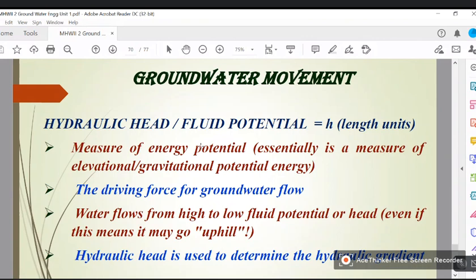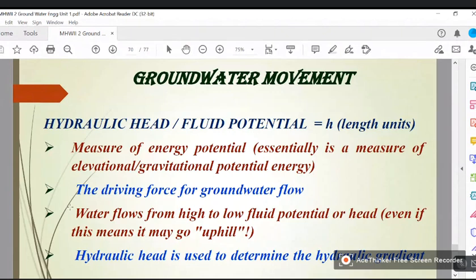A layman, when asked, will always say that water or any fluid flows from higher level to lower level. But as a civil engineer, especially as a hydraulic engineer, you should say that the fluid will flow from higher energy to lower energy. So that is the correct terminology, or correct saying, about the flow of the fluid.